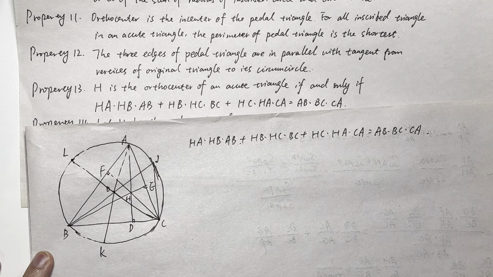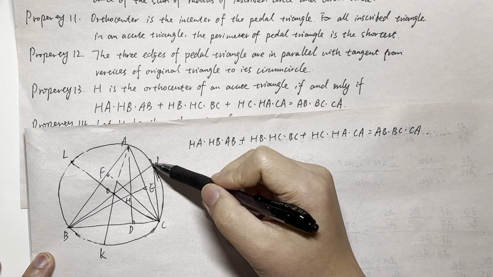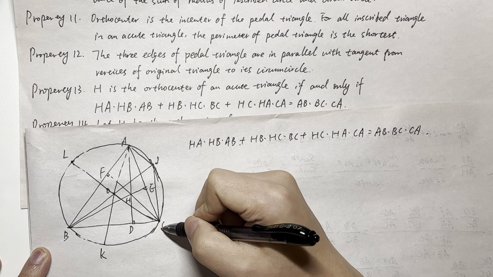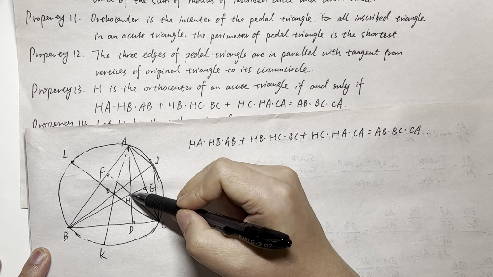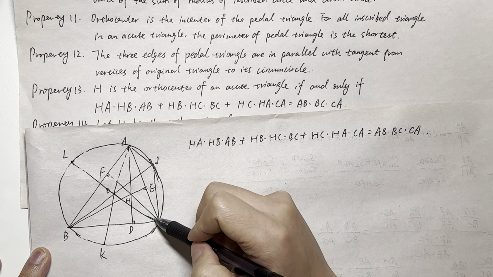Okay, so we know that HA, because we did the extension, right? So we know that JC equals AH and AJ equals HC, right?